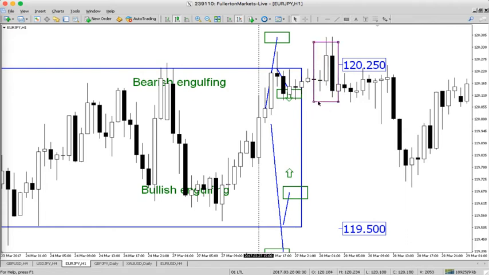Okay, this is what we call a bearish engulfing. A bull candle followed by a bear candle, which is longer than the bull candle. So over here is where the bearish engulfing happens. Of course, over here we have not seen any bearish engulfing earlier on.